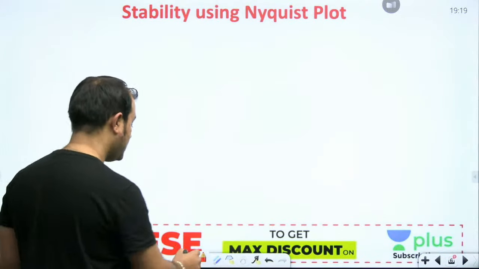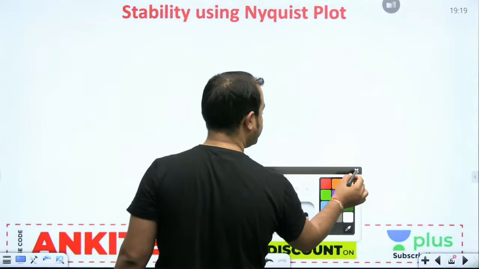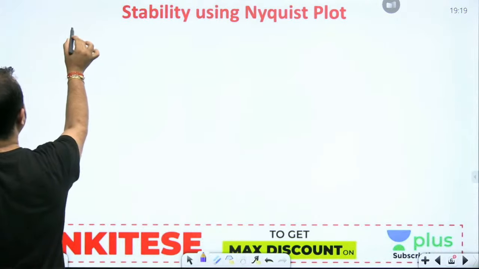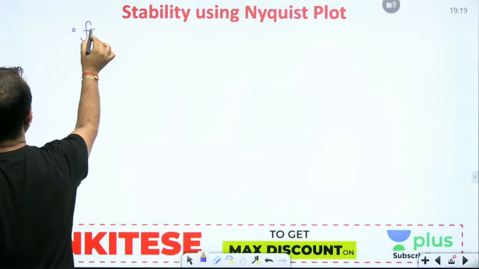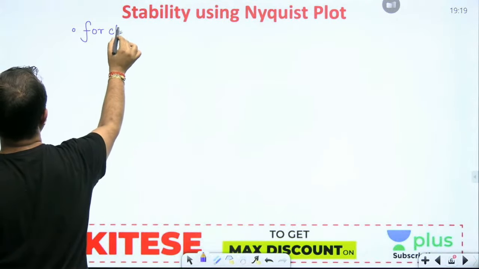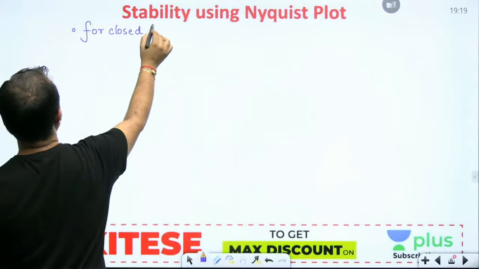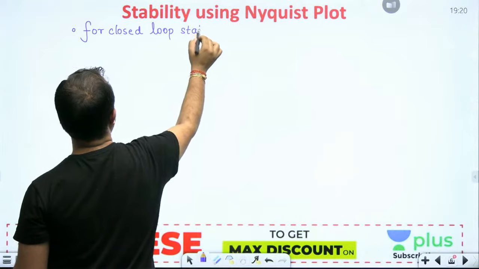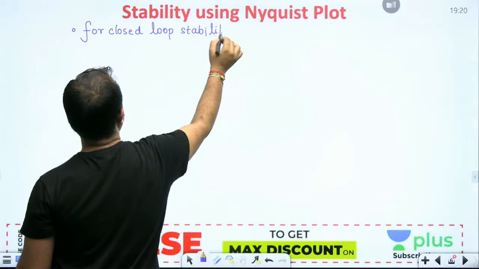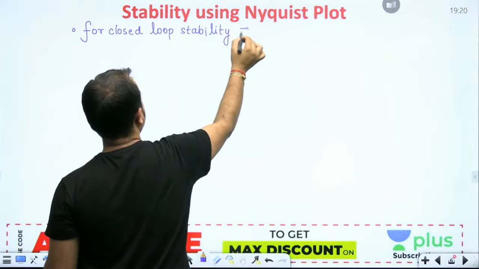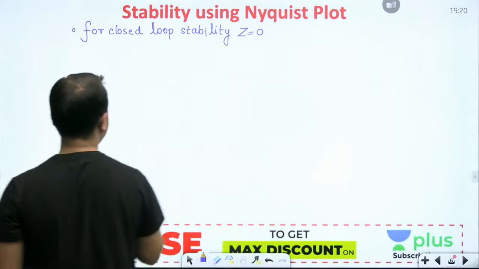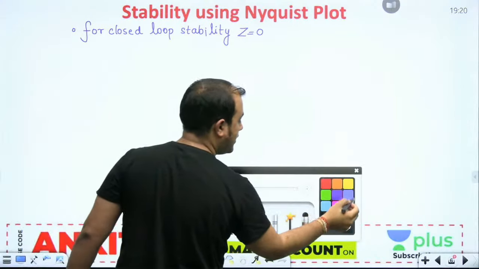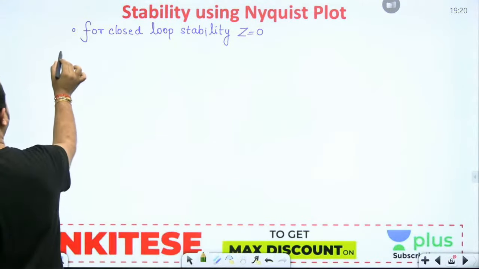Now as I told you, for closed loop stability, there can be various cases.